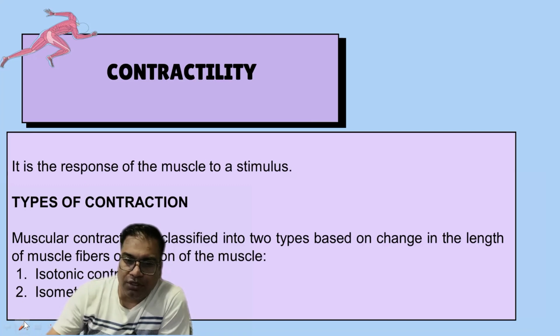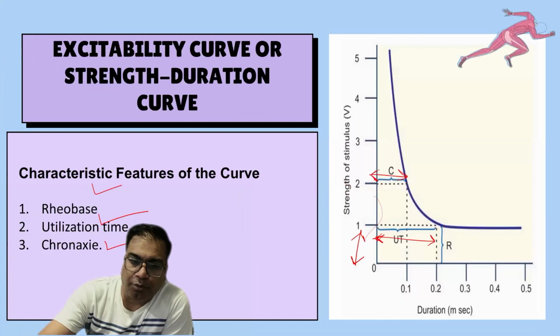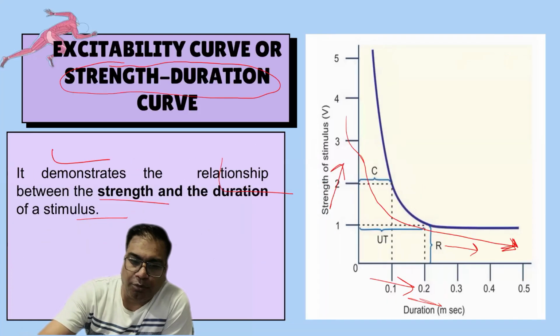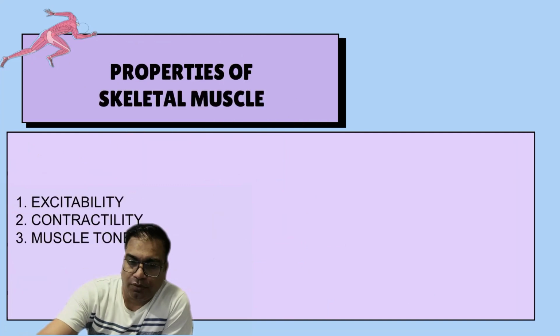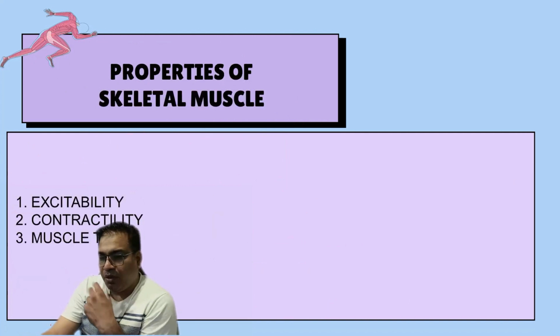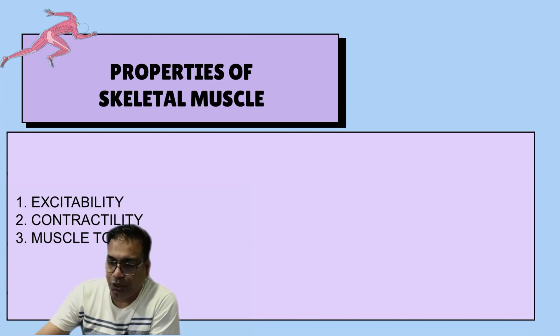Now come to the second property of skeletal muscles. We mentioned in previous slides that the three important properties shown by the skeletal muscles are excitability, contractility, and, third, muscle tone.